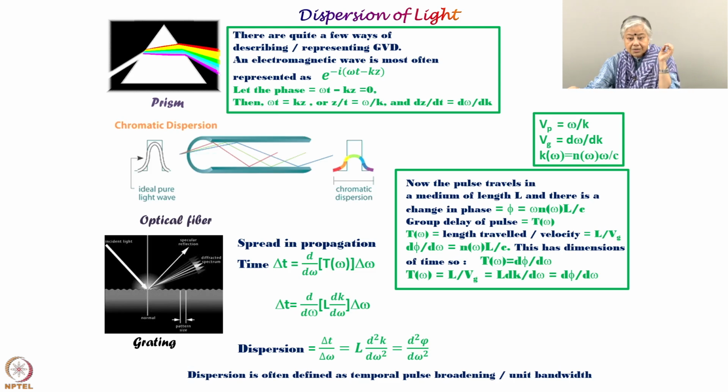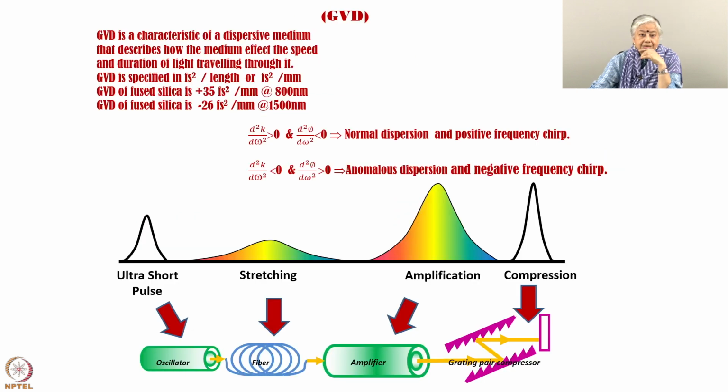Now, GVD is a characteristic of the dispersive medium. You agree with that? That describes how the medium affects the speed and duration of light traveling through it. Okay.